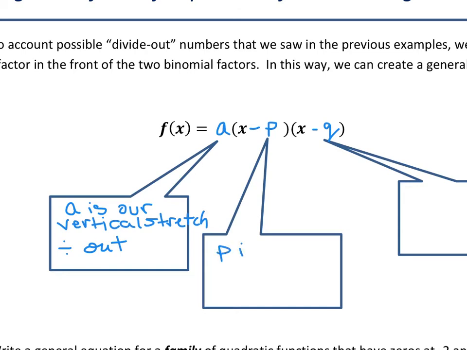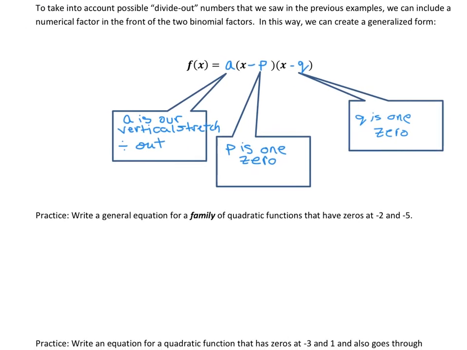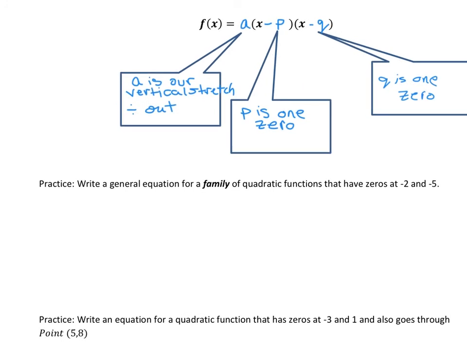P is one of the zeros, or x-intercepts. And Q is another zero. And so we can generalize this way. And for example, let's take a look at this.